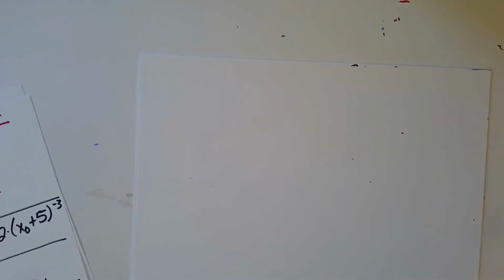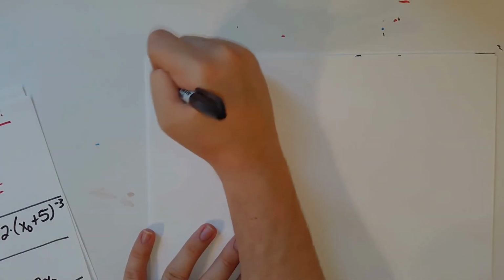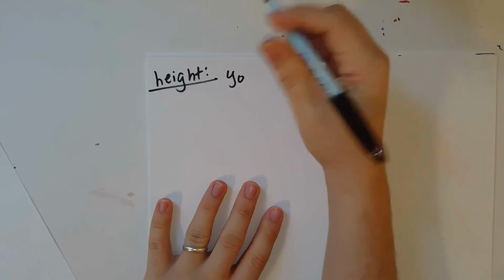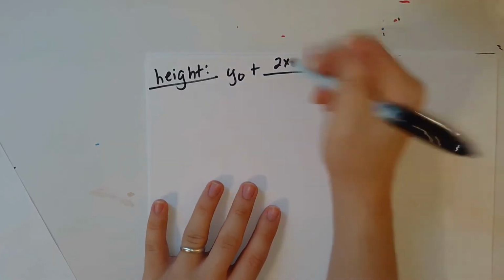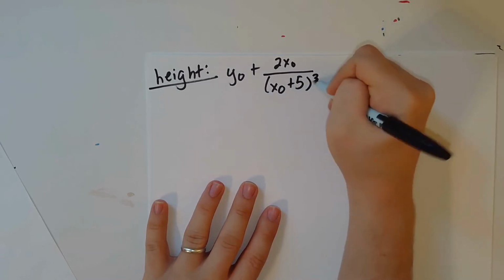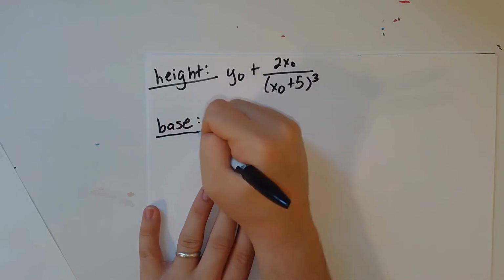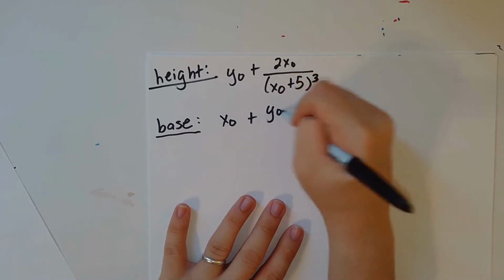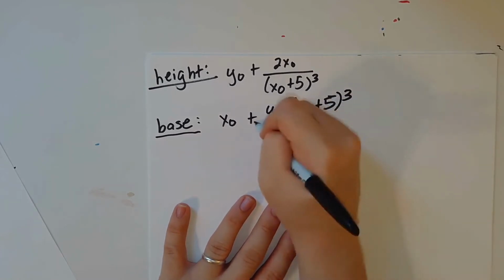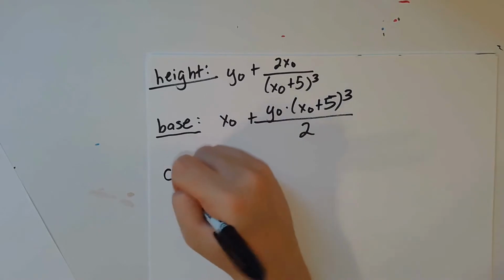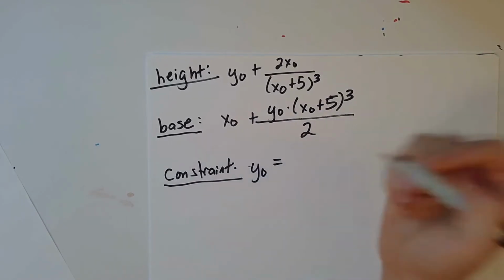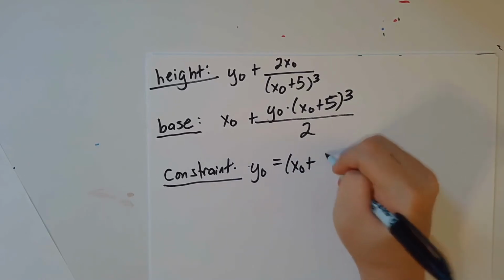Okay, so let me summarize what we know. We're trying to find the maximum area of a triangle whose height is given by y naught plus 2x naught divided by (x naught plus 5) cubed, whose base is given by (x naught plus y naught times (x naught plus 5) cubed) divided by 2, and subject to the constraint that y naught is equal to (x naught plus 5) to the minus 2.